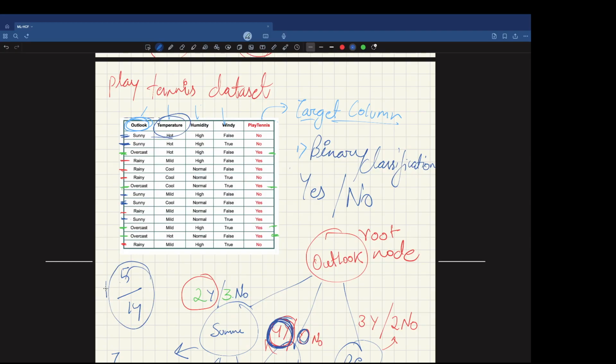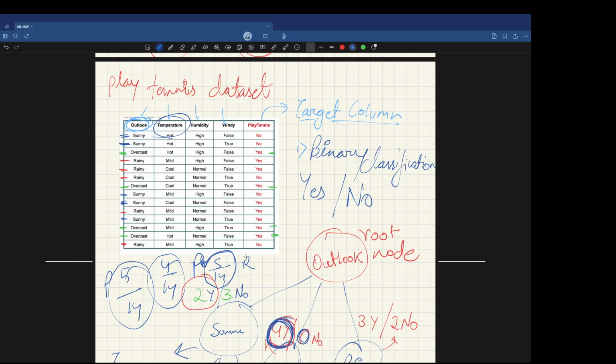So probability of Sunny is 5 on 14 for Outlook. Same again, probability of overcast is 4 on 14, and 5 on 14 will again be your probability of rainy, right?